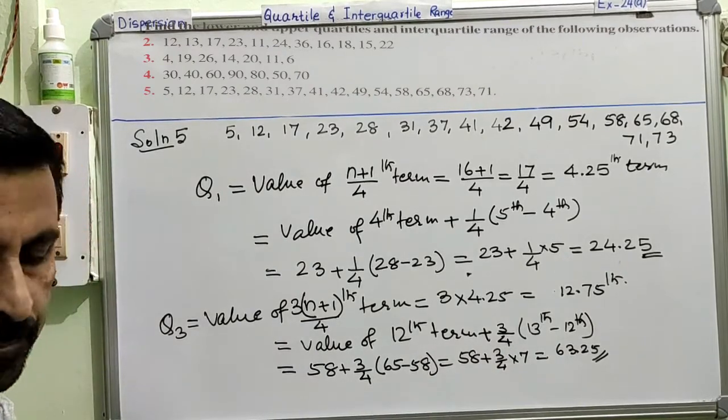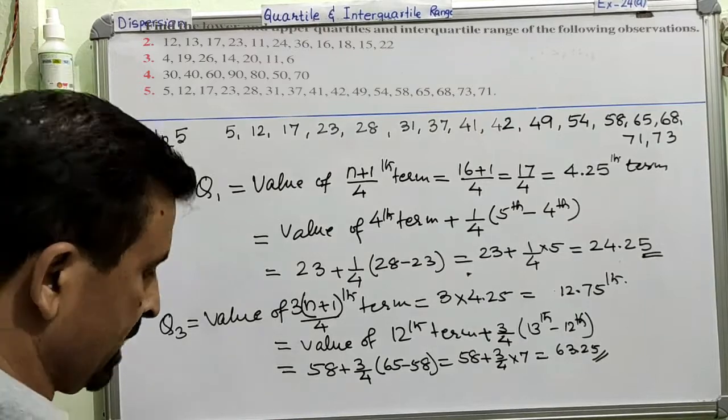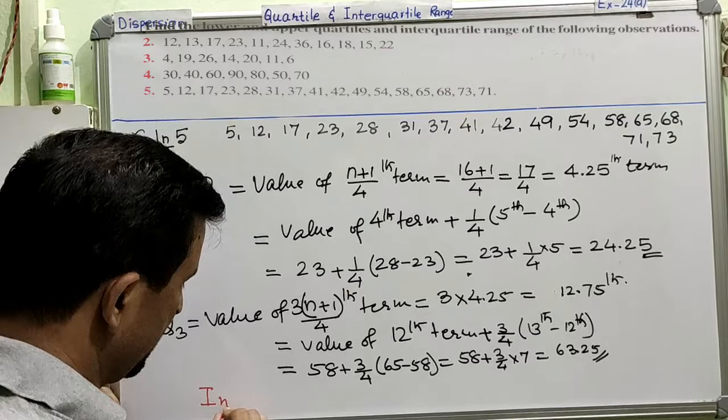Hope I am very clear. Now the last thing is you have to find out the interquartile range. Once you have calculated Q1 and Q3, then finding the interquartile range is very simple. Interquartile range, I will calculate in red color.